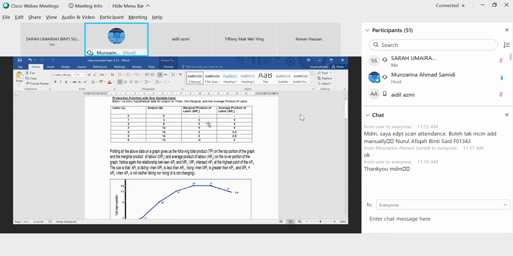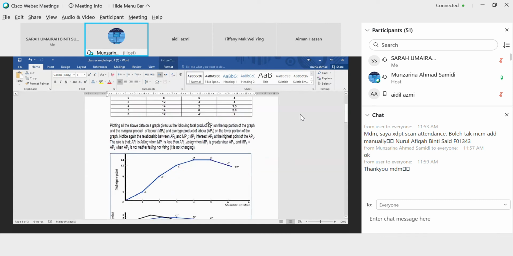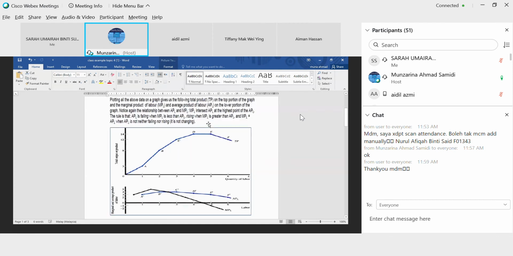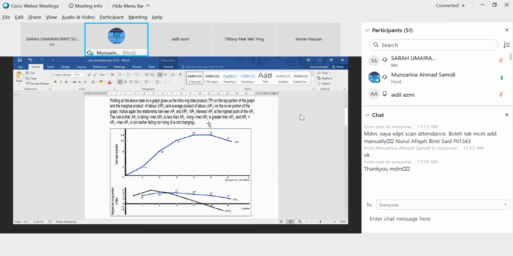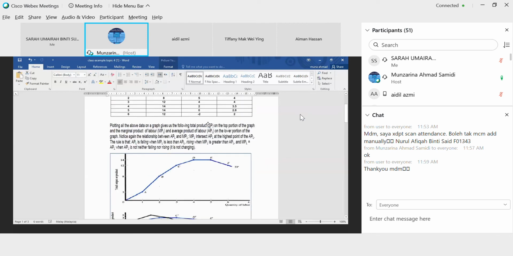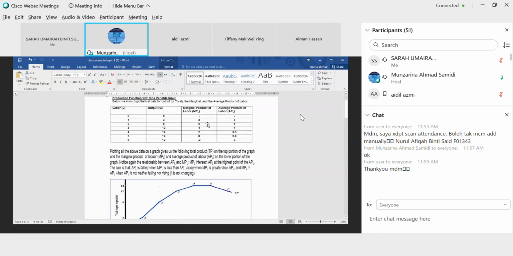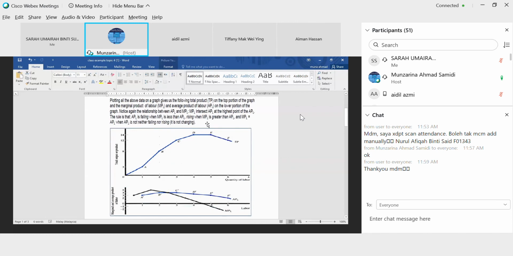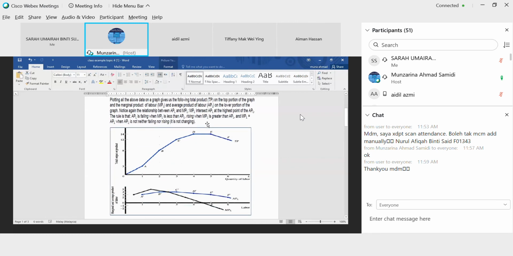Try to calculate the marginal product and average product, and see how the table is translated into this diagram. It is there in your OL. Try to understand this. Okay, give me 2 minutes.